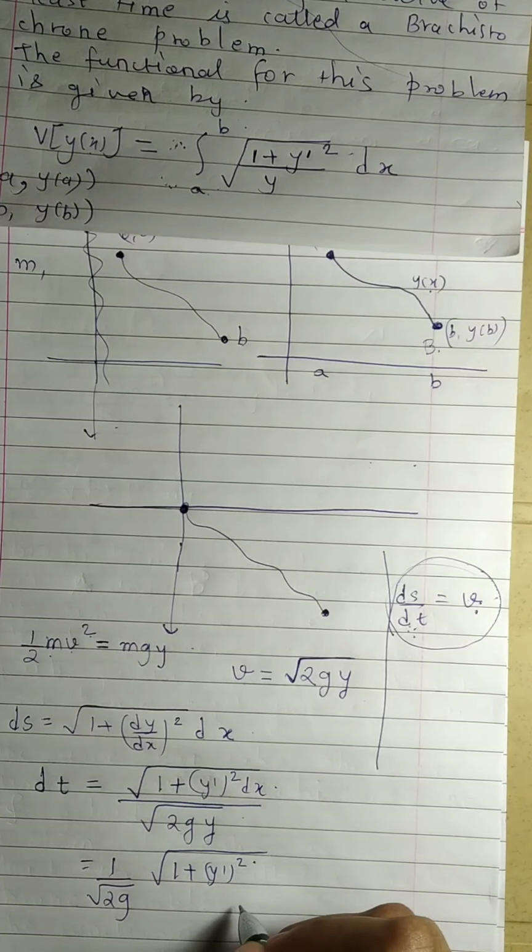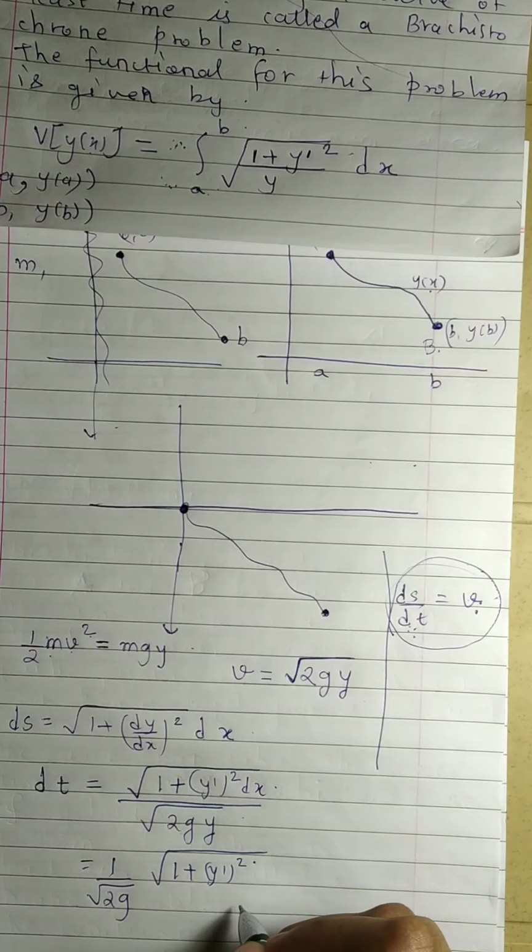The total time of descent is the integral over a small dt, meaning over a small element. We want the total time from here to here, so the total time is given by the integral from point a to point b. We have considered a as 0 here, we had shifted the problem to the origin, and the next point, whatever it is, let's call it b.